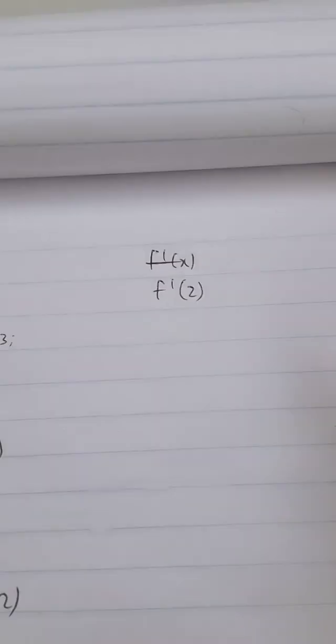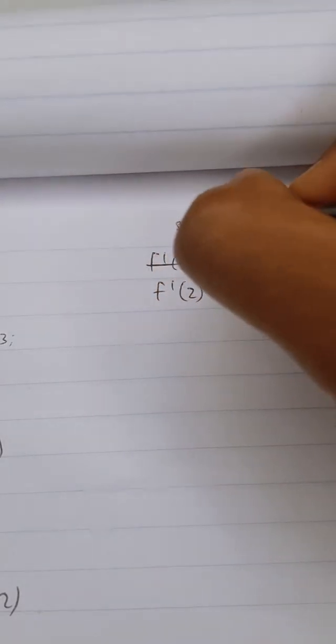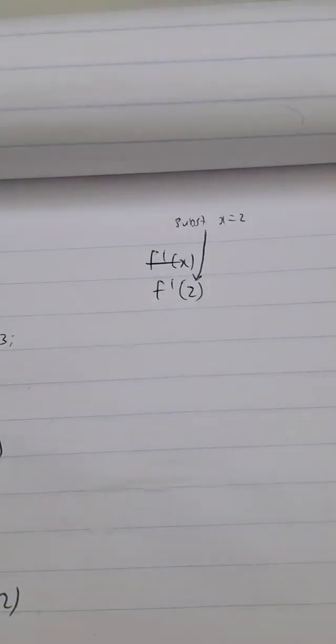Of 2, which is the x coordinate of the point of inflection. We substitute x equal to 2 into the first derivative. Very important that we do that.